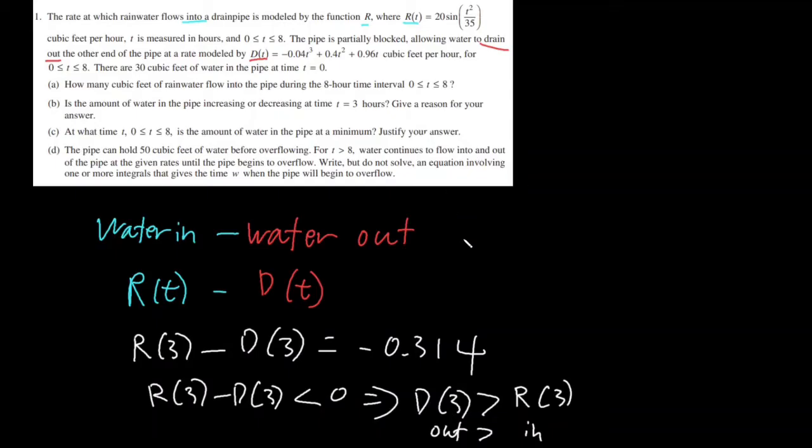Right? So you'd explain this as: the amount of water that's going out is greater than the water that's going in because D of 3 is greater than R of 3, so the amount of water is decreasing at time t equals 3. This was a 2-point question, 1 point for comparing R of 3 and D of 3, and 1 point for a correct answer with the correct reason. Okay, that's part B. Part C.